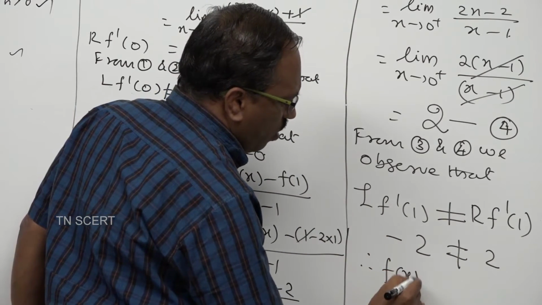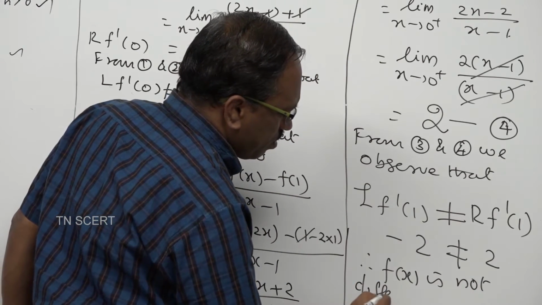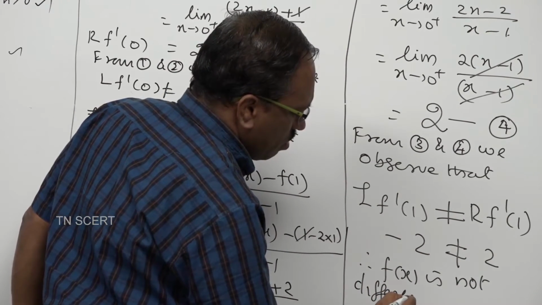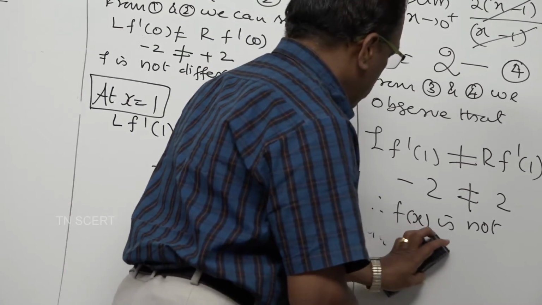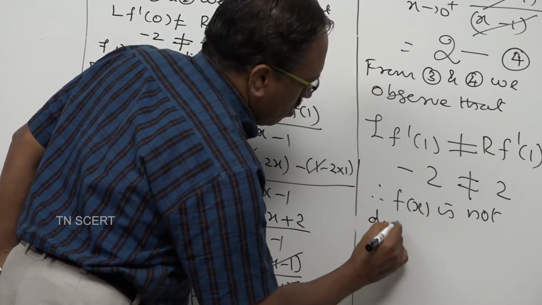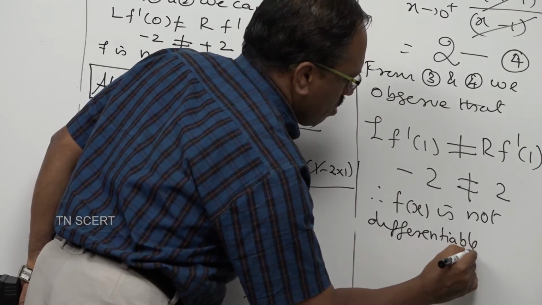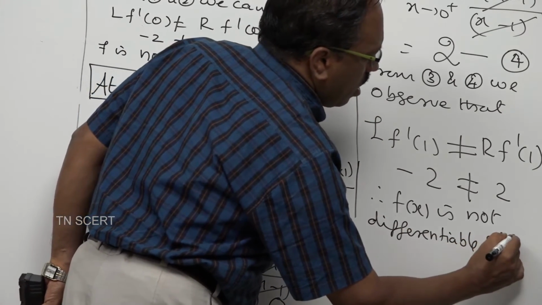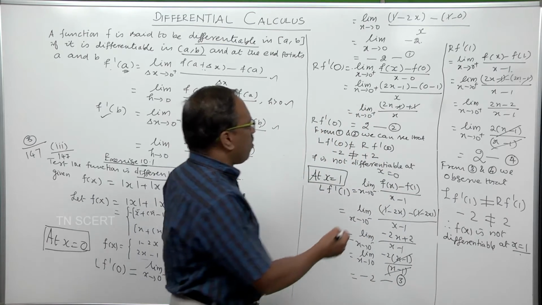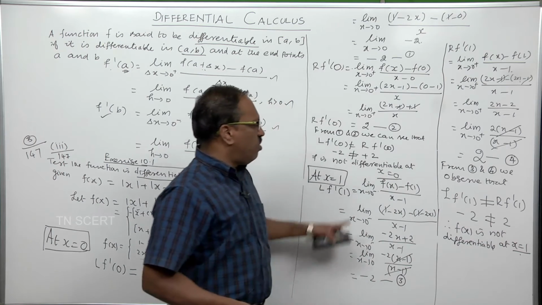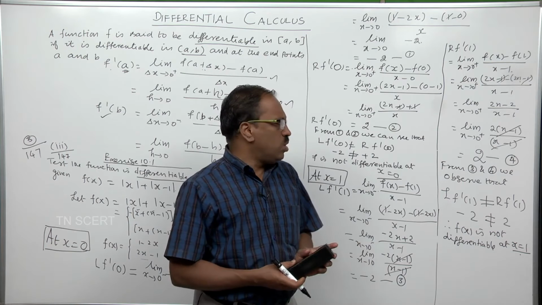Therefore, f of x is not differentiable at x is equal to 1. So, f of x is not differentiable at x is equal to 0 in the first case. Now, f of x is not differentiable at x is equal to 1.